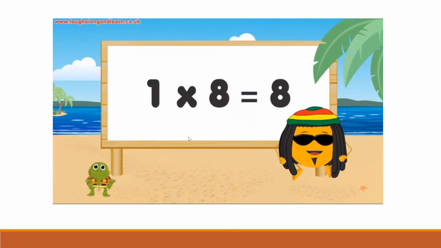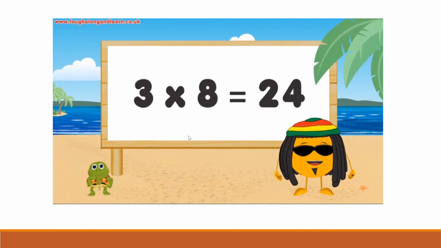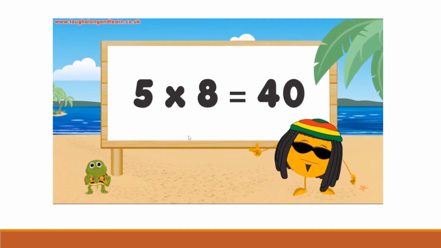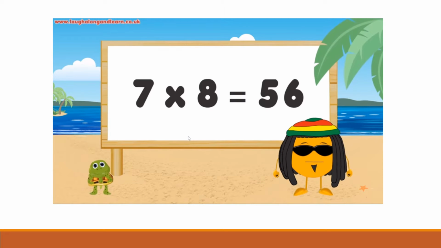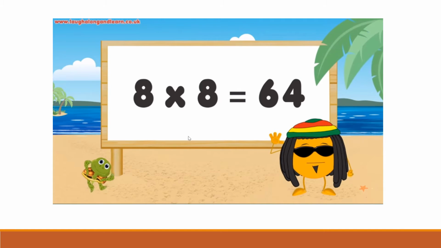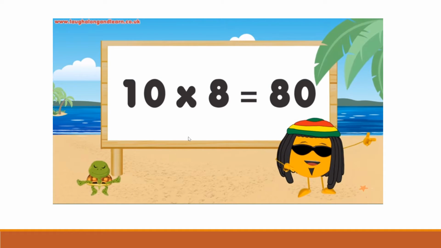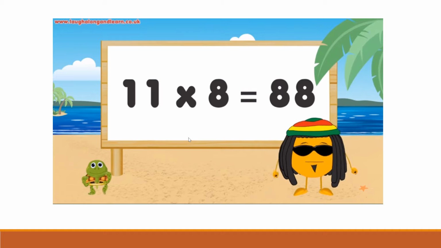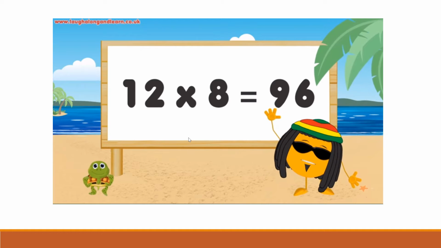Multiply. 1 times 8 is 8, 2 is 16, 3 is 24, 4 is 32, 5 is 40, 6 is 48, 7 is 56, 8 is 64, 9 times 8 is 72, and 10 is 80. 11 is 88. I said 12 is 96.